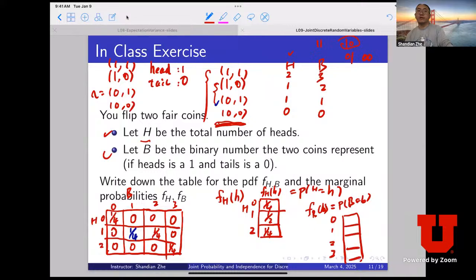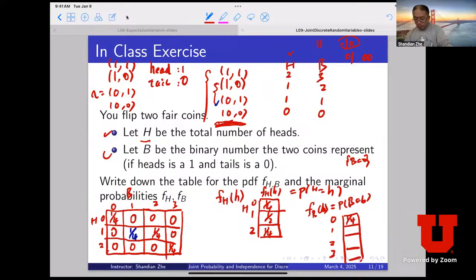What's the event of B equals 0? It's just this one, right? There is only one outcome, 0, 0, that gives B equals 0. So what's the probability? 1/4, right? Okay.